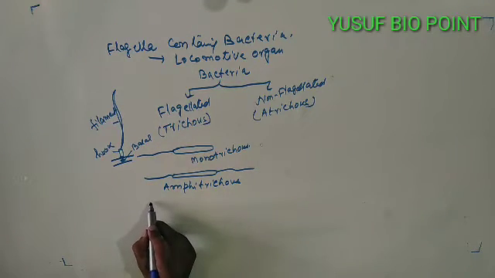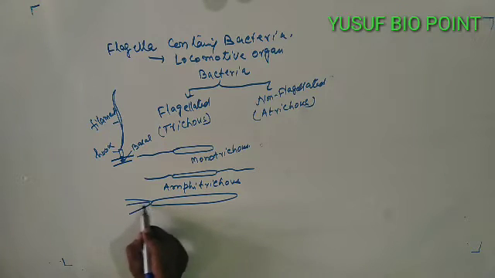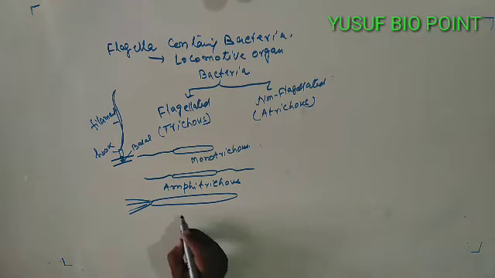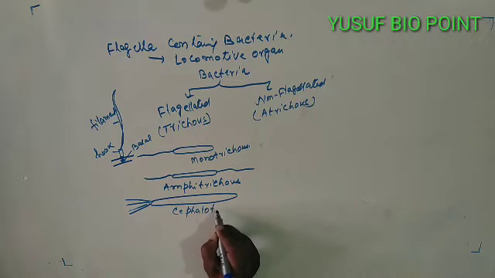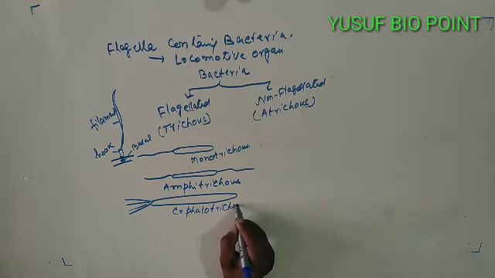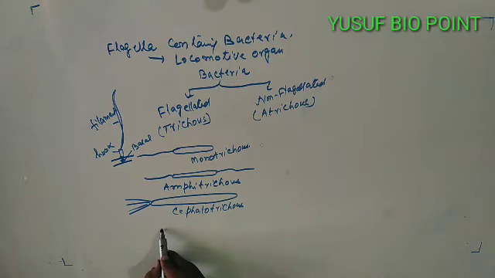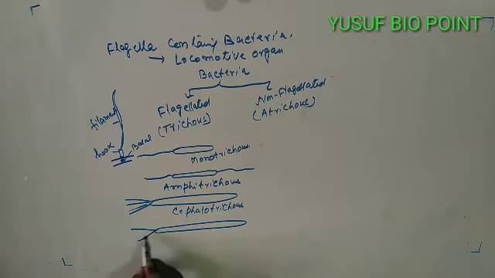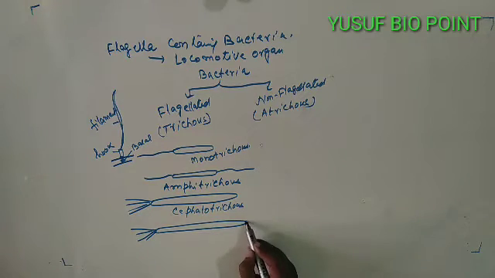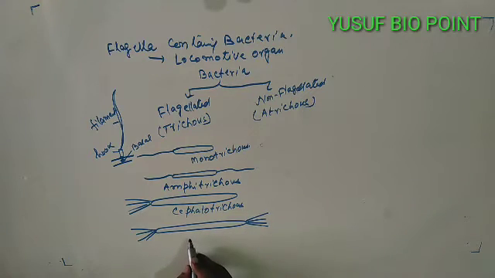If found many in number on one side, that is cephalotrichous. If many in number on both sides, that is lophotrichous.